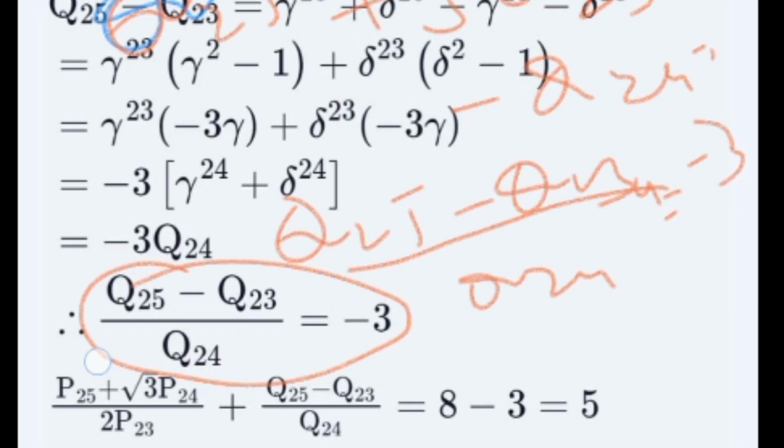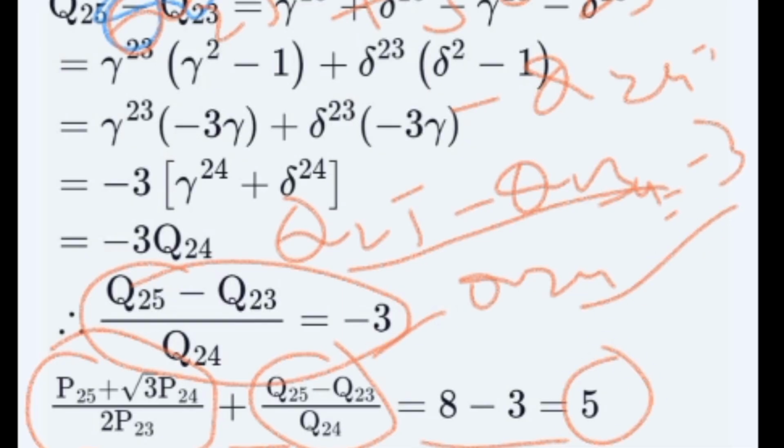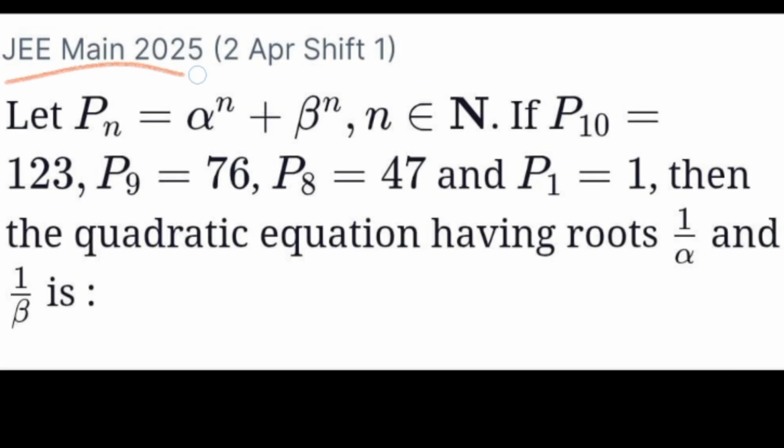So according to the problem, P25 plus root 3 P24 by 2 P23 plus Q25 minus Q23 by Q24 is equal to, so here this is 8, this is minus 3, 8 minus 3, the value is 5.